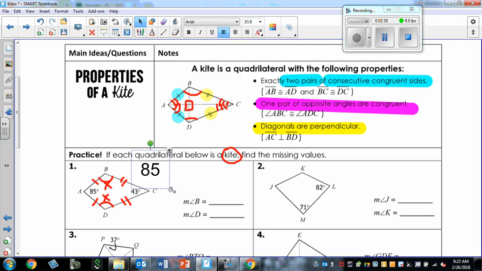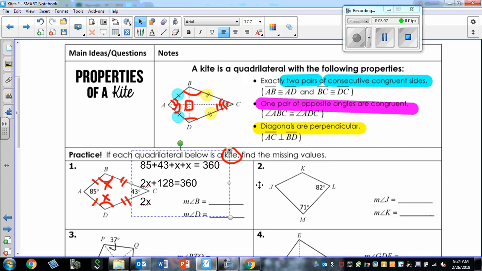I know that quadrilaterals add to 360. So 85 plus 43 plus 2X should equal 360. If I simplify that, I would have 2X plus 128 equals 360. Solve from there. 2X would have to equal 360 minus 128.